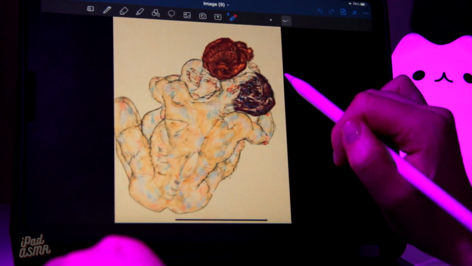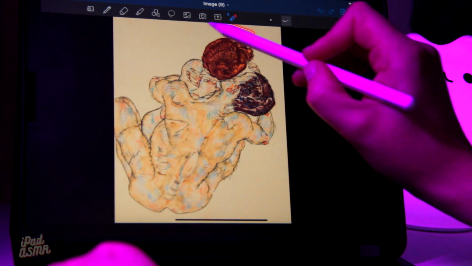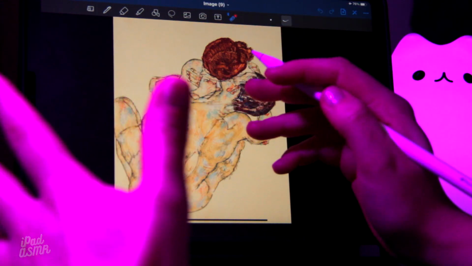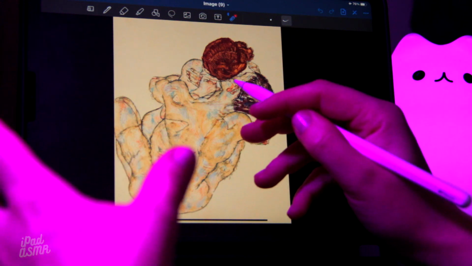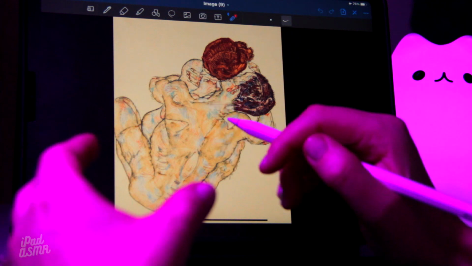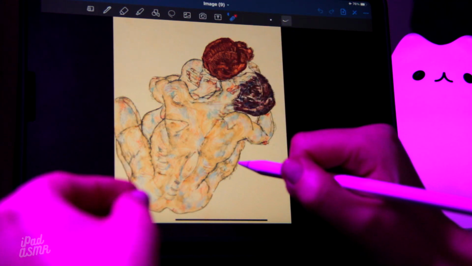Right away, from an emotional point of view, this is a very emotive picture, and it draws forth feelings of passion, love, intimacy, sharing a special connection with someone.